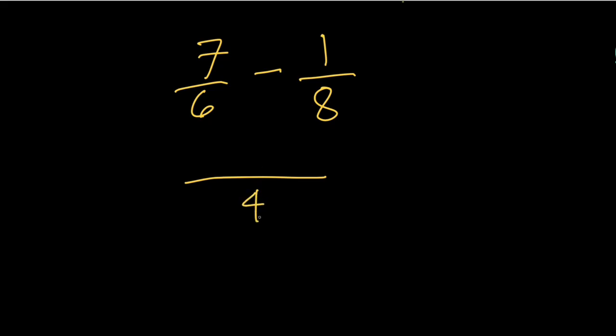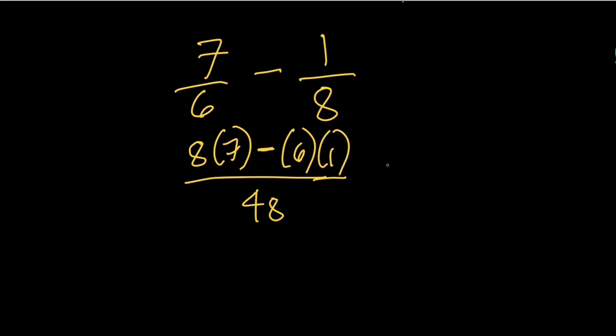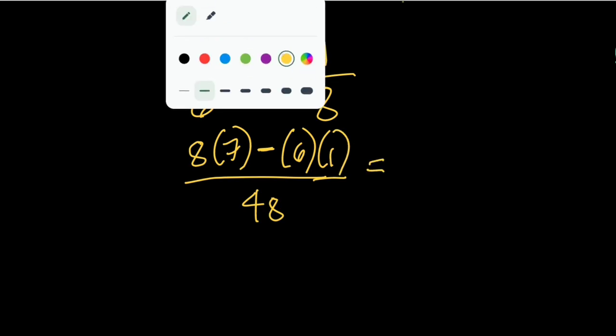Okay, 48. Then 48 divided by 6 is 8, right? So 8 times the numerator 7, then copy the operator sign minus. Then 48, you do the same thing to the other fraction. 48 divided by 8 is 6 times 1. Then you simplify. You got that?